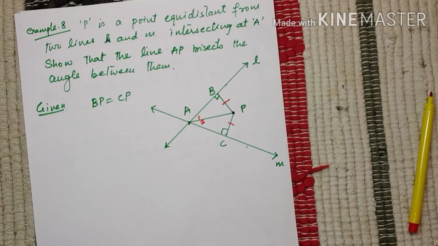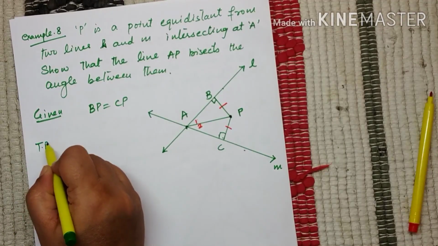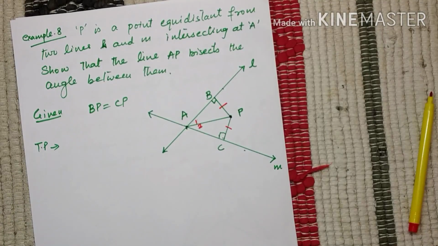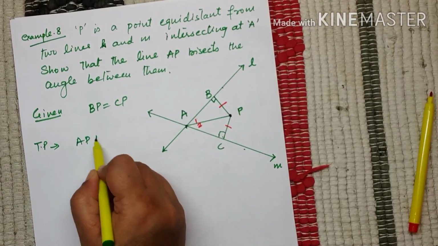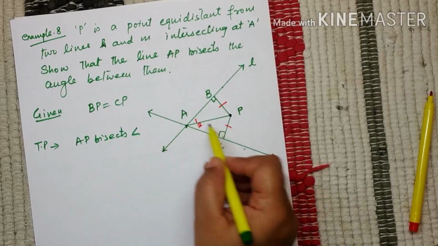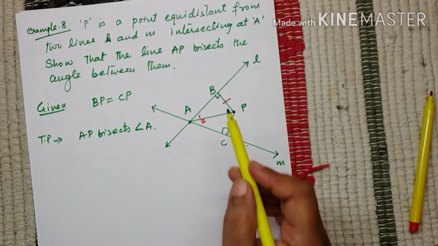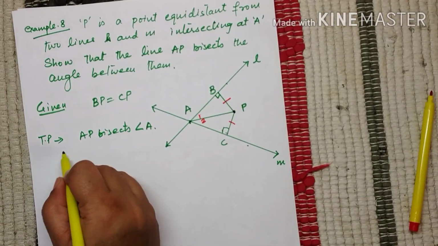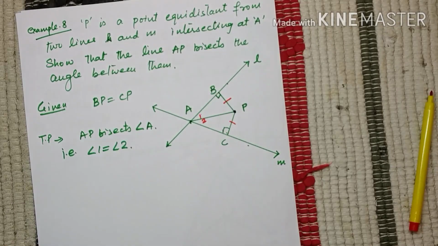Then we are given, I need to prove, BP equal to CP is given. I need to prove AP bisects angle A. AP bisects the angle between them. That is, we need to prove angle 1 is equal to angle 2.